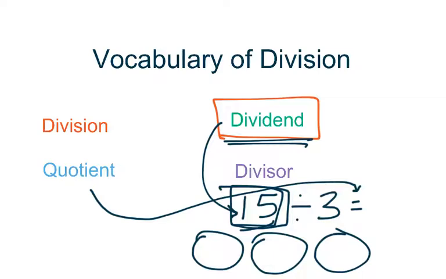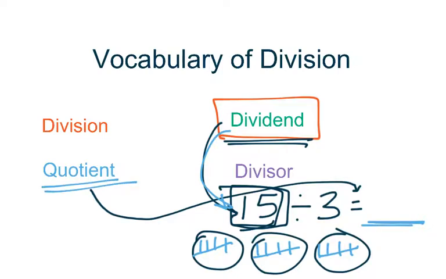So I'm going to put 1 in each group until I get up to 15. 1, 2, 3, 4, 5, 6, 7, 8, 9, 10, 11, 12, 13, 14, 15. So the dividend was 15. My quotient, or the answer, is how many are in each group. I don't even have to count. I can see there are 5 in each group. So 15 divided by 3 equals 5, or the quotient, the answer, is 5.